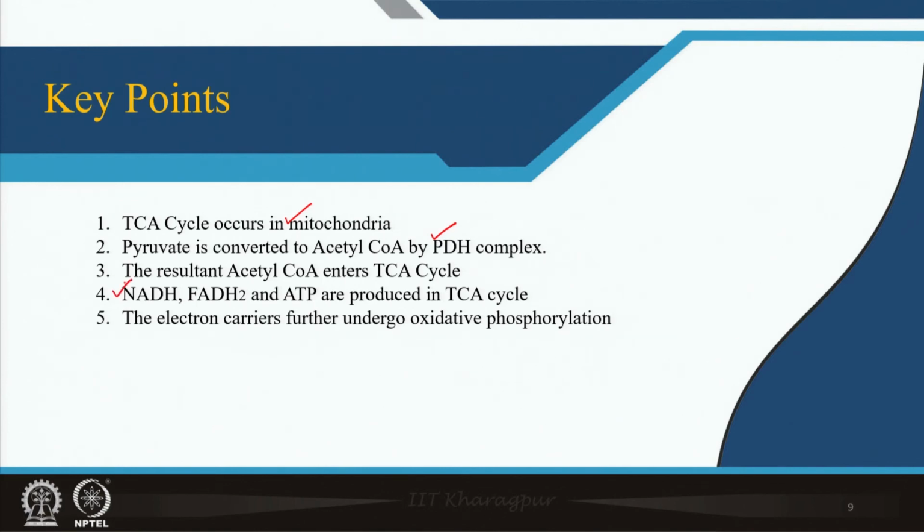In TCA cycle NADH, FADH2 and by following substrate level phosphorylation ATP are formed, and these electron carriers finally enter electron transport chain and undergo oxidative phosphorylation to form ATPs. So, this is the energy production through glycolysis and TCA cycle.